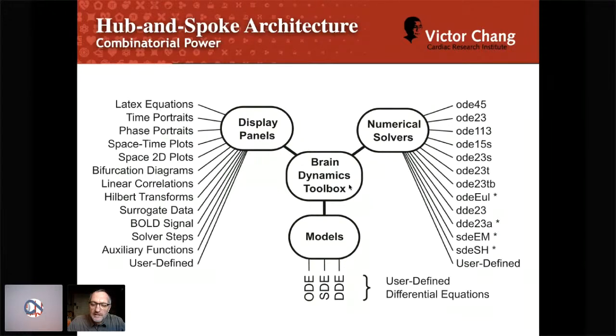So the idea is that you provide your models, you retain full control over them. By models, I mean equations, but you're not bothered by calling the solver or displaying the output. The toolbox takes care of all of that on your behalf.